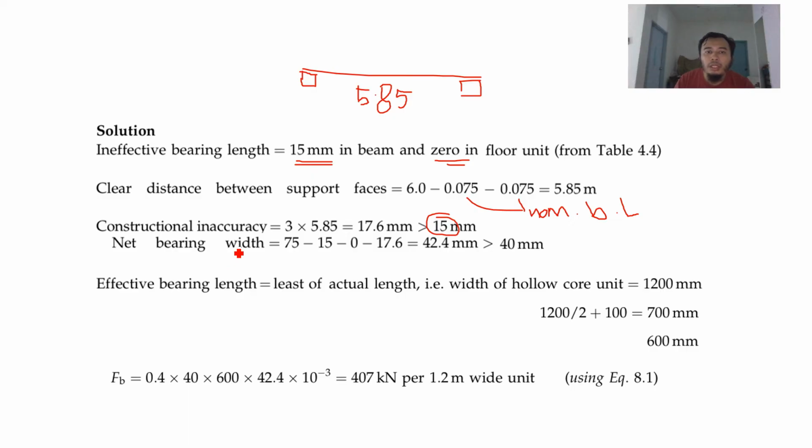So net bearing width: your slab is placed at 75 mm, minus 15 for the constructional allowance, minus 0 for the ineffective bearing length, and then minus 17.6.